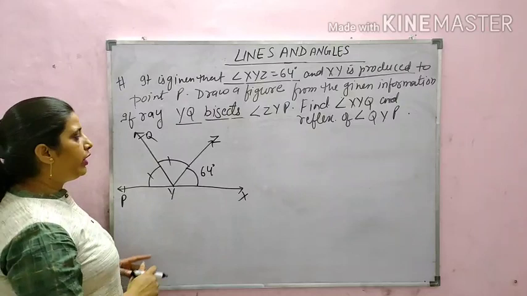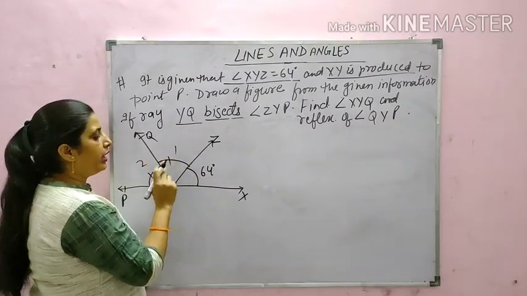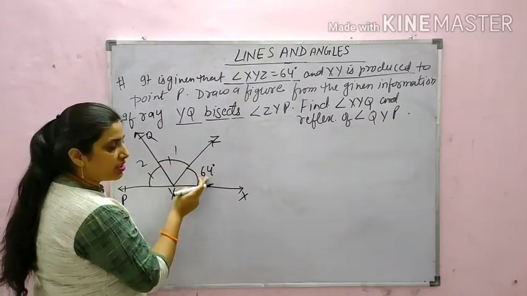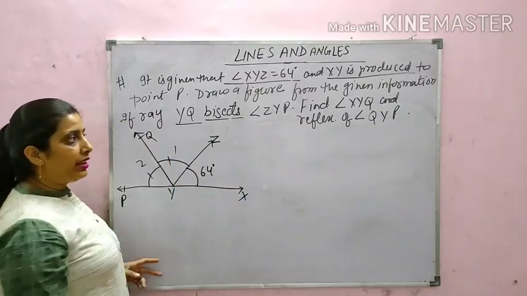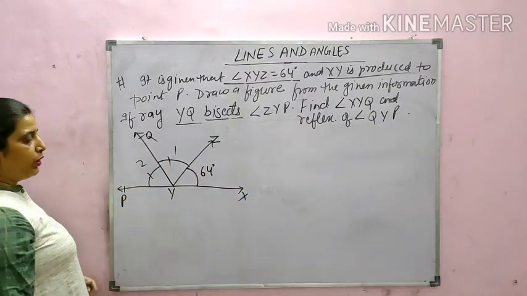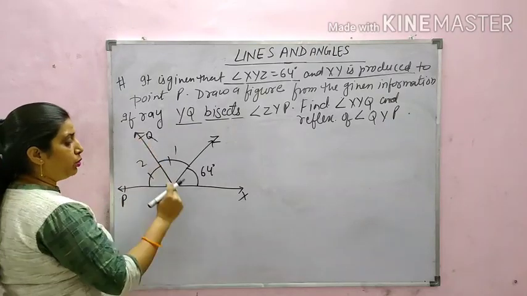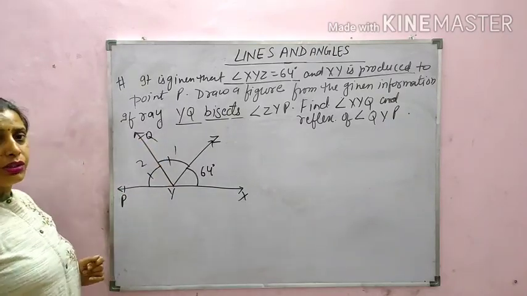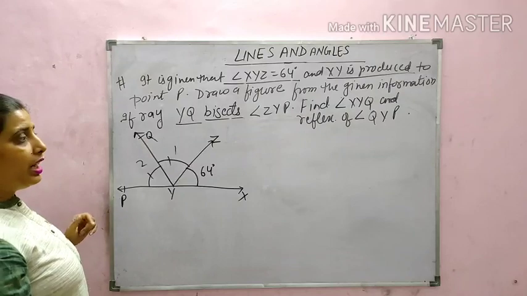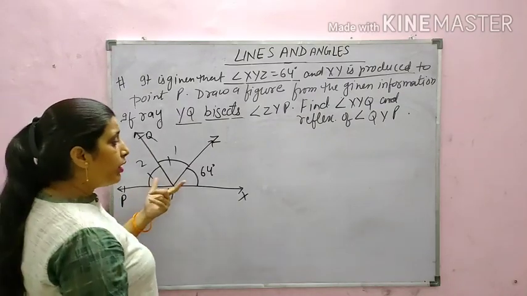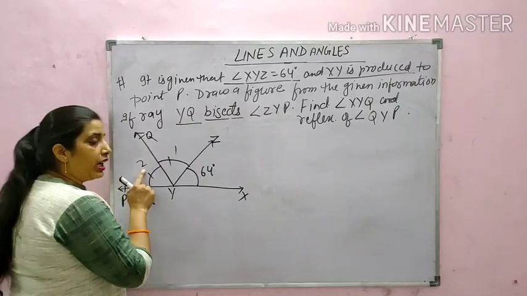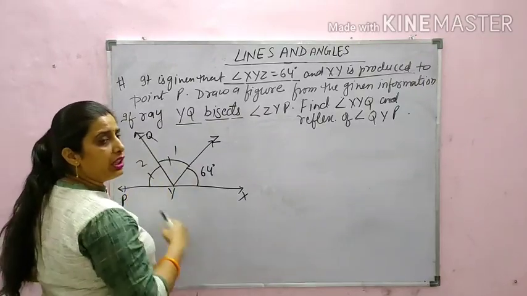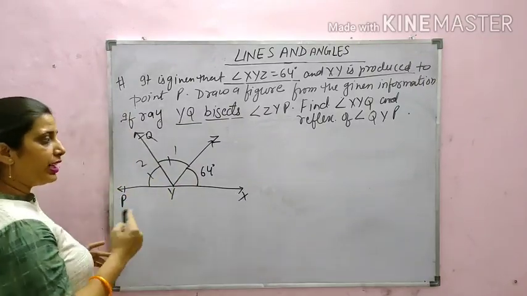It means if we will find angle 1 here, then we can add this in 64 and we can find out the value XYQ. And next is reflex of QYP. How can we find out reflex angle? By subtracting the given angle, it means by subtracting the angle 2 from 360 degree, we can find out reflex angle.